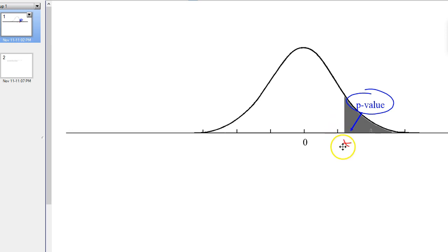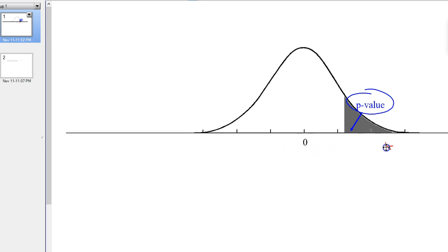If the test statistic is relatively small, it's close to the value of 0, the standardized mean or proportion, then this is possibly not wrong at all. It could be right if this number is really close to 0, above or below.